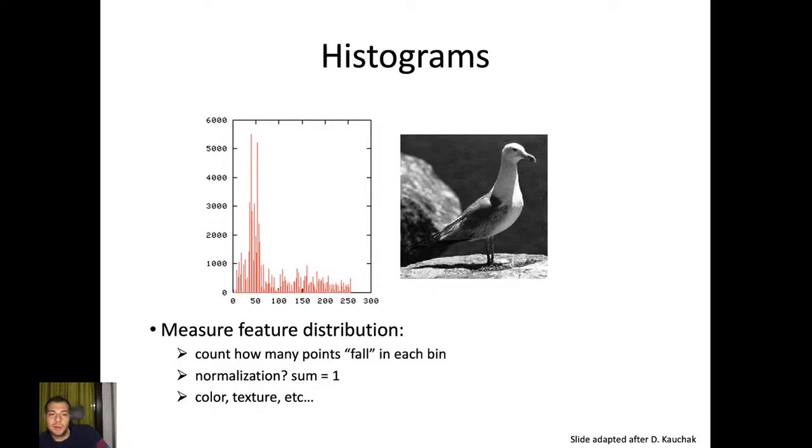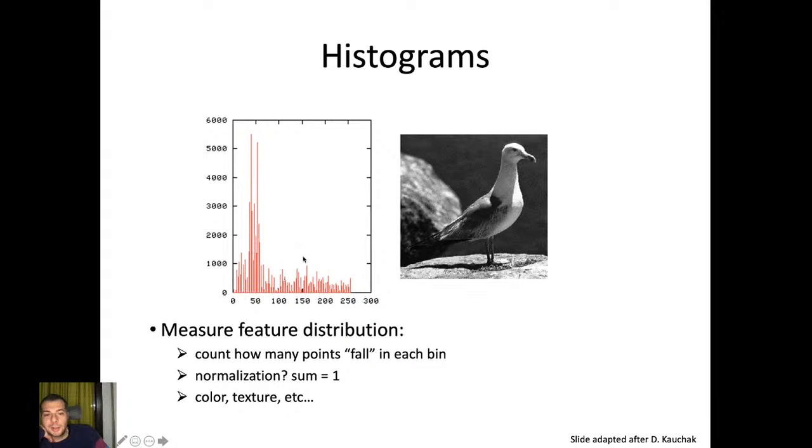So perhaps the first idea could be to use histograms with the intensity of the pixels. So we have, let's say, grayscale images, and each pixel has an intensity between 0 and 255.